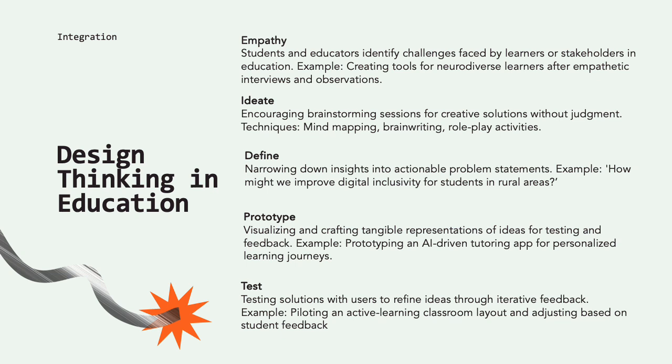And finally, testing solutions with users to refine ideas through iterative feedback. An example for this would be piloting an active learning classroom layout and adjusting based on student feedback. These are a few examples of how the different stages of the design thinking process work hand in hand and can be used in the field of education.